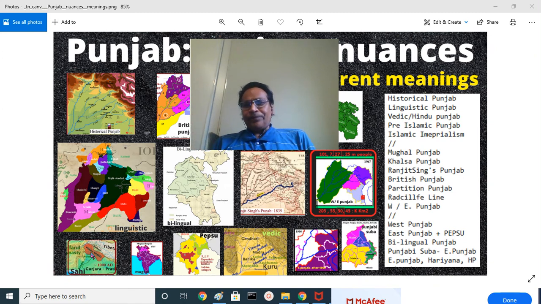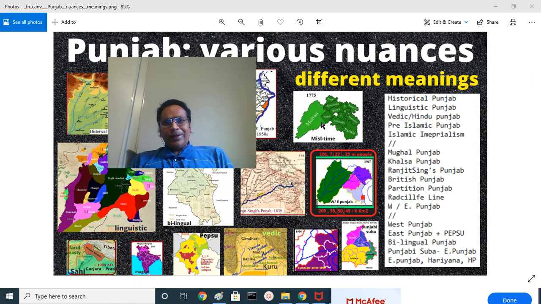And Mughal Punjab we talked about, and after the Battle of Panipat, various misls controlled Punjab for some time, for nearly half a century, and contended for political power, among which one misl, to which Maharaja Ranjit Singh belonged, consolidated all the Trans-Sutlej misls and built a powerful Khalsa kingdom, the Sikh kingdom of Maharaja Ranjit Singh. That is Multan, Attock, Kasur, Lahore provinces, Jammu province and Kashmir province, Ladakh province, Peshawar province and so on.